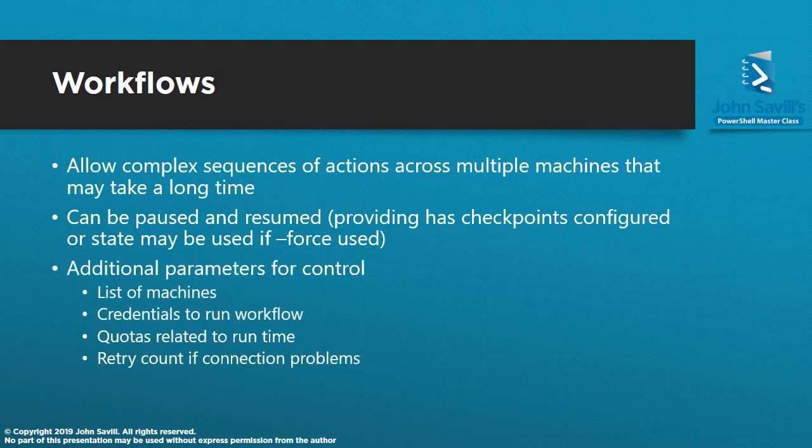I have additional types of parameters so I can control the workflow. A list of machines, credentials to which I'm going to run the workflow as, quotas related to runtime environment utilization, a retry count. And they don't have to be complicated. This is a workflow.